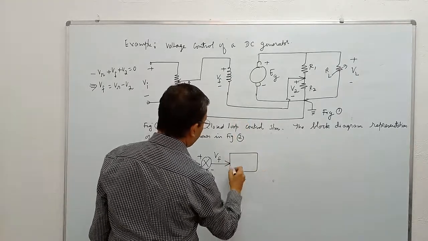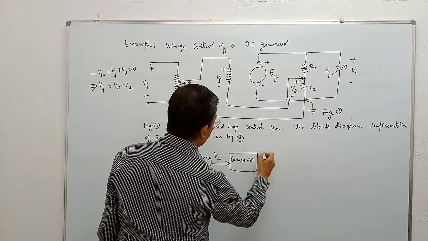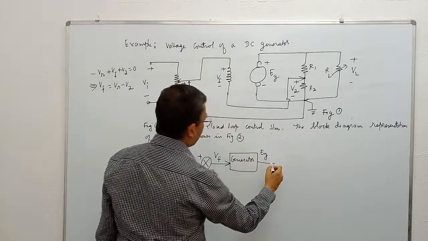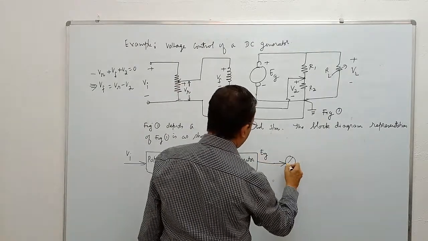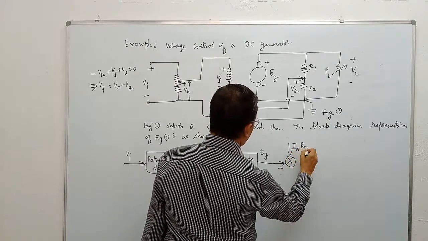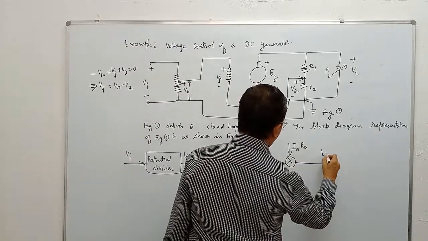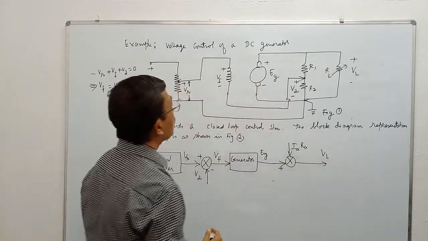This is generator. This is Eg. From Eg, if you subtract IaRa drop, armature voltage drop, you get VL.